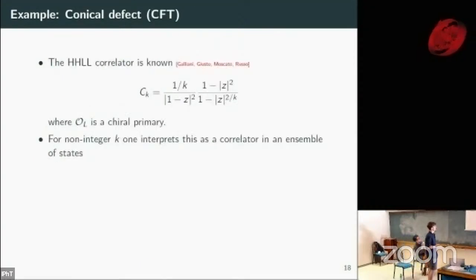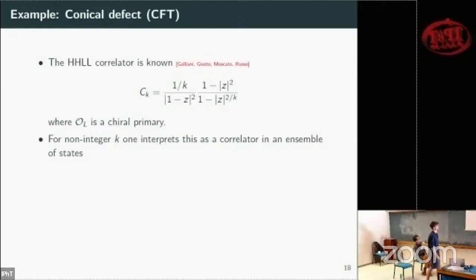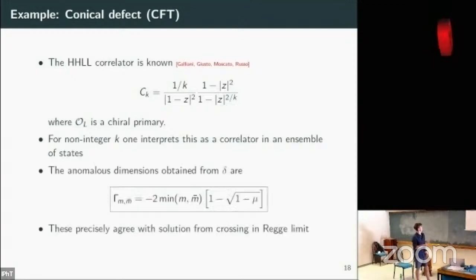The interpretation is not exact or clear, but we have in mind that it's now describing some correlator in an ensemble of states. And here, this was just the dimension (1/2, 1/2) tower primary that we're pretty familiar with, that was used in this calculation.